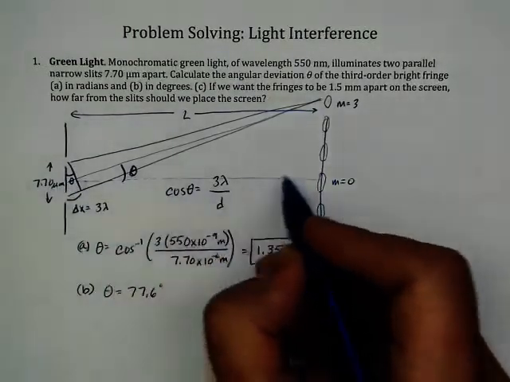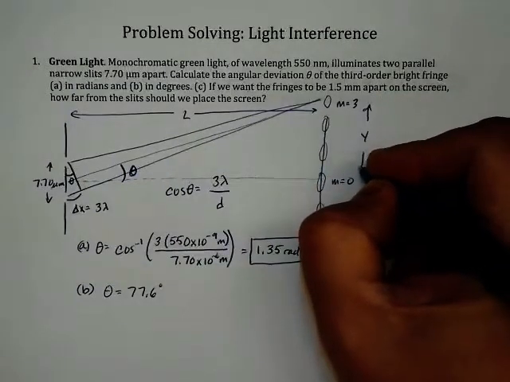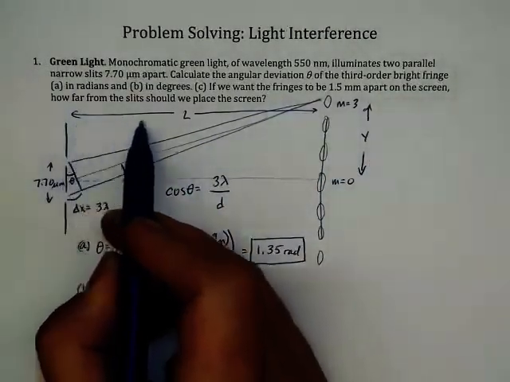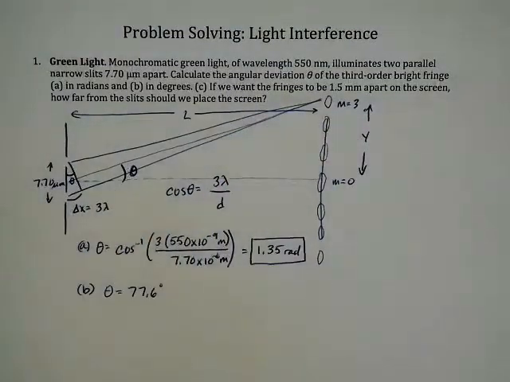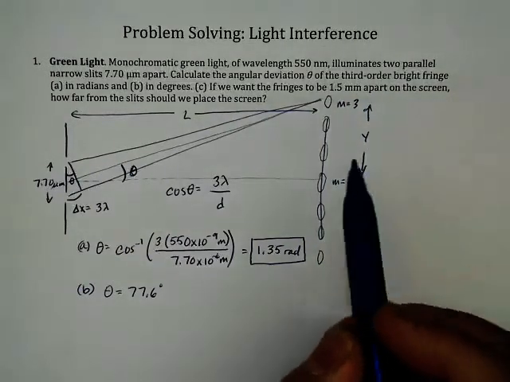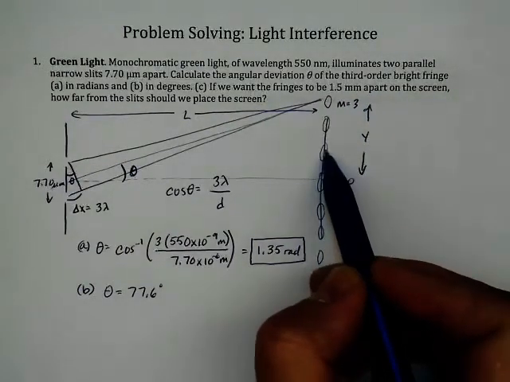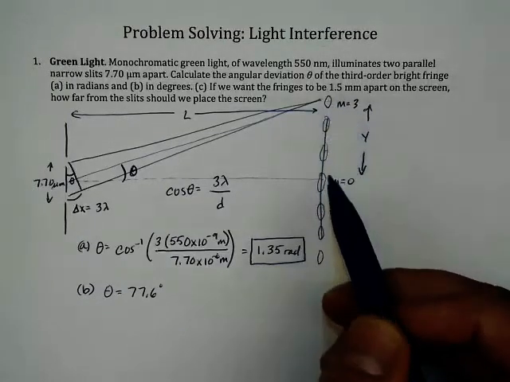We then know another right triangle where this distance is y, and this distance is L, and then here is theta. So if we want the fringes to be 1.5 millimeters apart on the screen, then this would be 1.5 millimeters, this would be 1.5 millimeters, and this would be 1.5 millimeters.